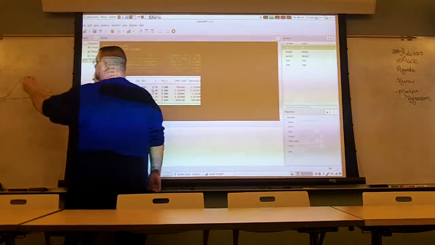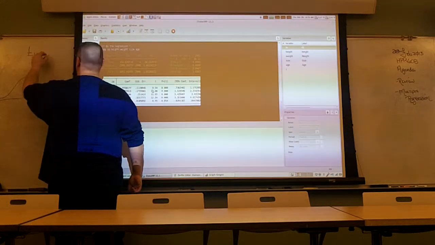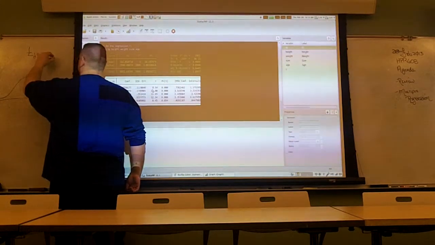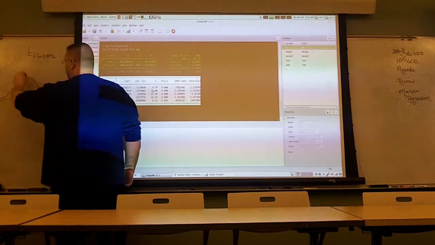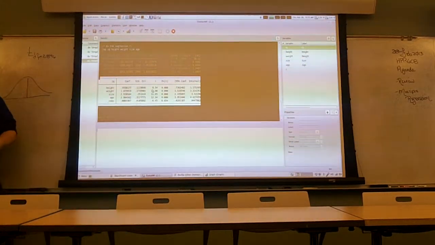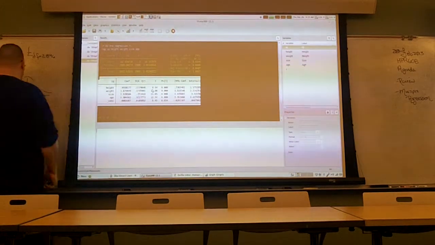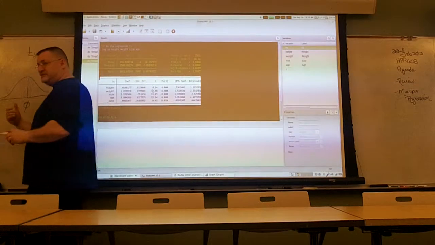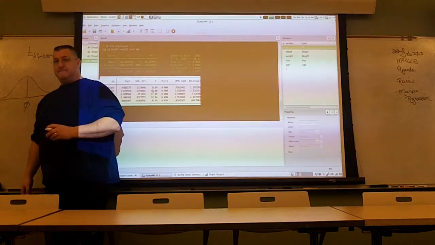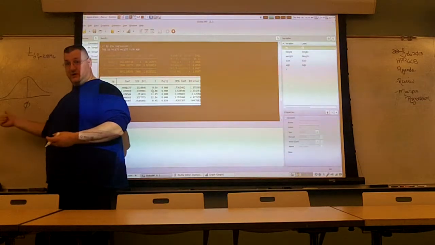This t-statistic is going to have a mean of what? Every t-distribution has a mean of what? 0, right? And what else do we know about a t-distribution? It's normal-ish, which means it's symmetrical around 0, right?